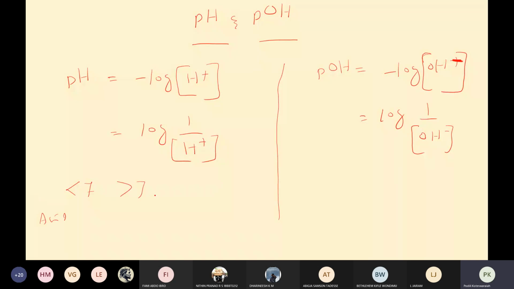If they have pH greater than 7, they are basic solutions. Coming to pOH, it is the negative logarithm of hydroxide ion activity, and pOH is equal to minus log OH minus ion concentration, which is equal to log 1 by OH minus ion concentration. So pH is equal to minus log H plus and pOH is equal to minus log OH minus.